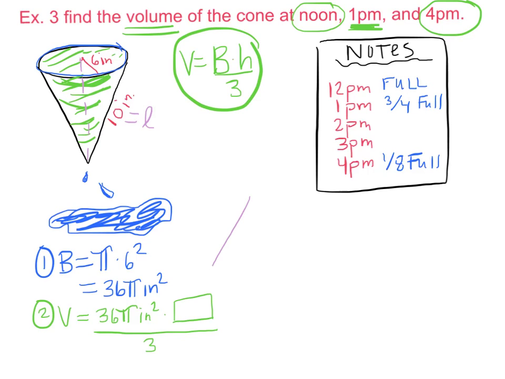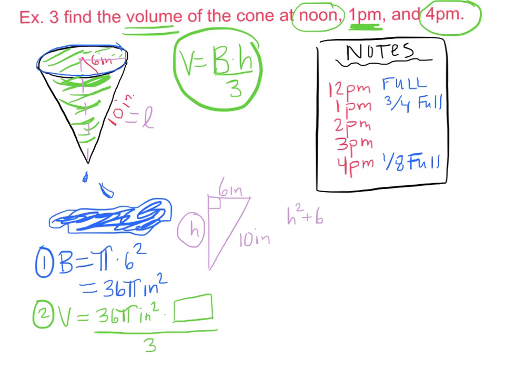They gave you the slant height, which is 10 inches. I'm looking for the height, and I know that from the height to the edge of the slant height, that would be the radius, which is 6 inches. Could you find the height? Sure you could. Use the Pythagorean theorem.